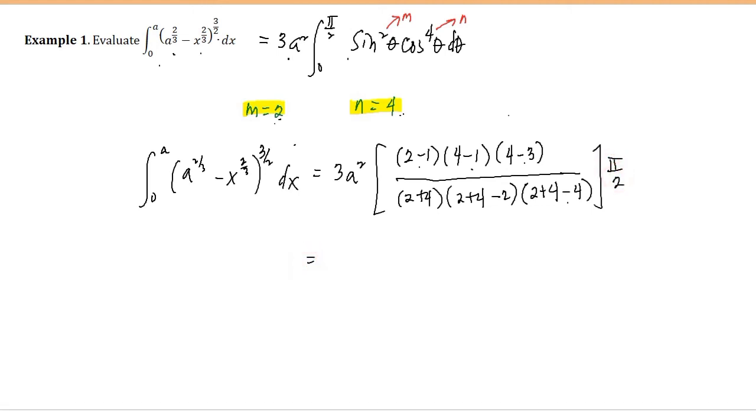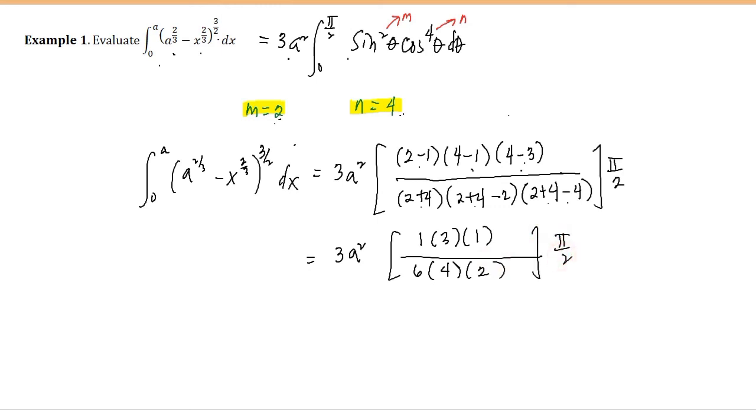So we have 3a squared multiplied by 2 minus 1 which is 1, and 4 minus 1 which is 3, and 4 minus 3 which is 1, over 6 times 4 times 2, multiplied by pi over 2.